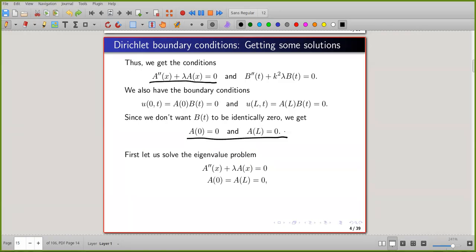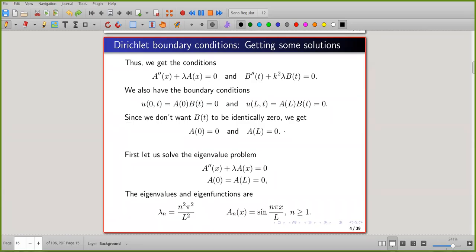So the eigenvalues are lambda_n is equal to n square pi square by L square, and the eigenfunction corresponding to this eigenvalue is A_n is equal to sine(n pi x by L).